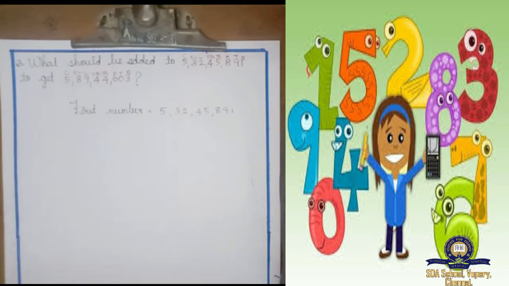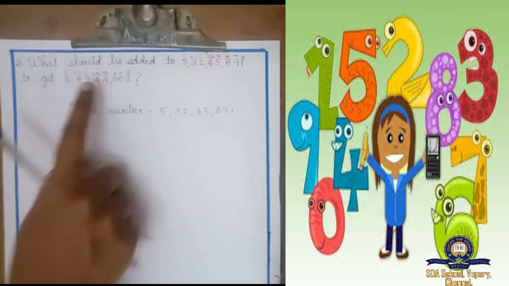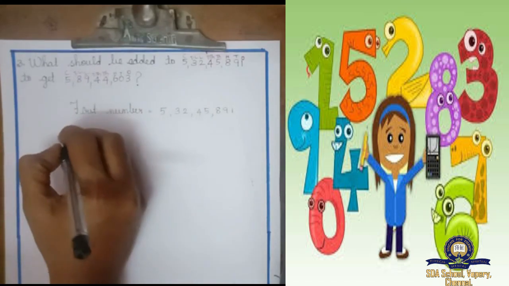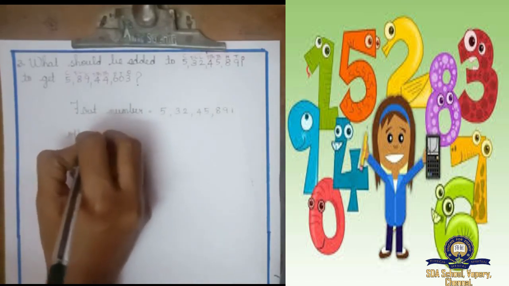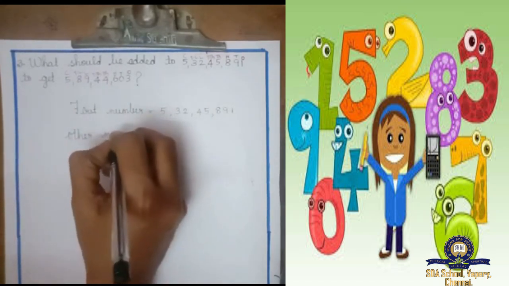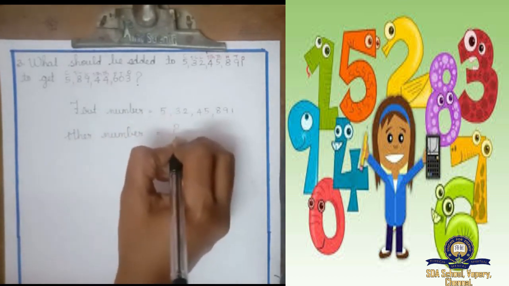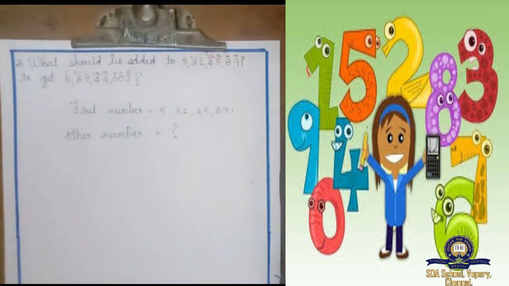When we add the first number and the other number, we will get this number. So what we have to do? We have to find the other number. So we don't know, we have to find this other number.